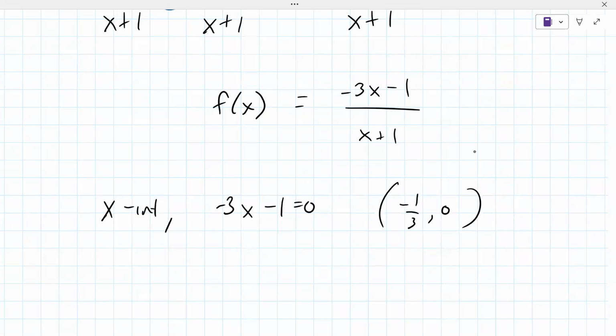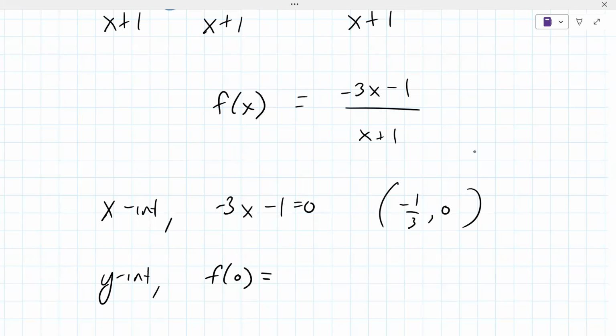Now, how do you find the y-intercept? You put zero in for x. Go ahead and find f of 0, please. It's 1. No, it is not.